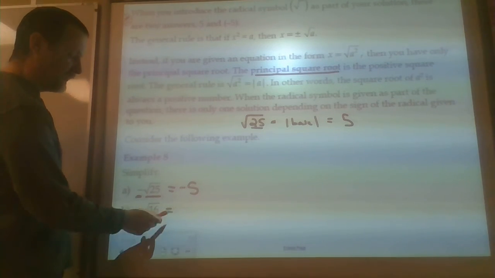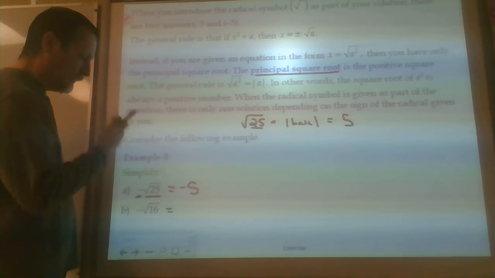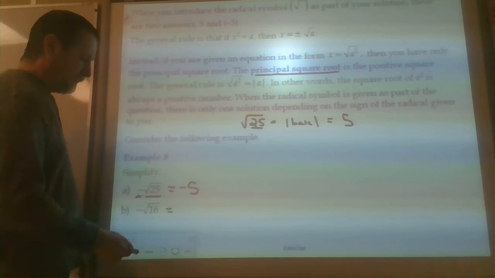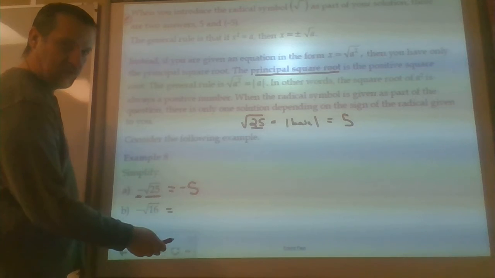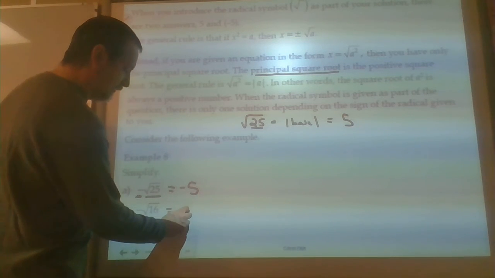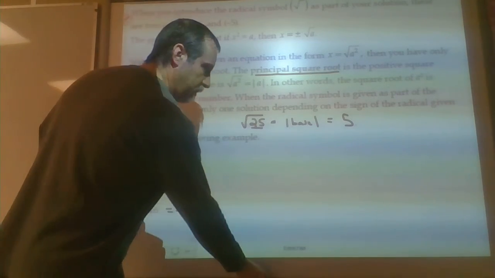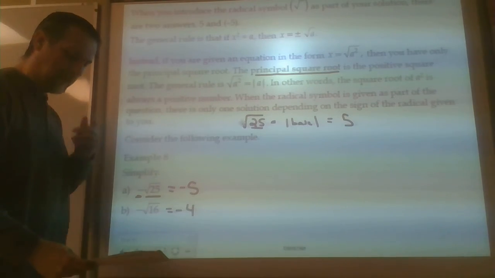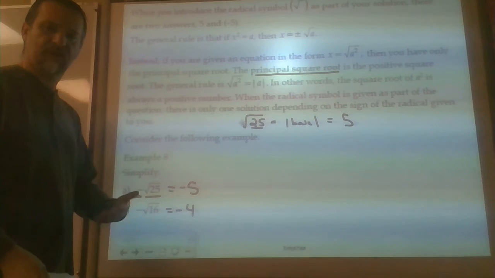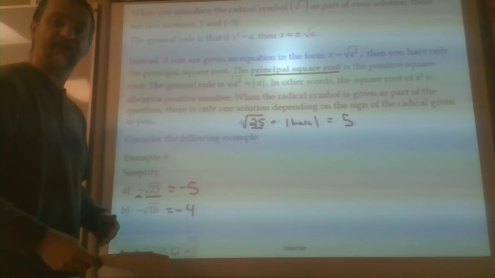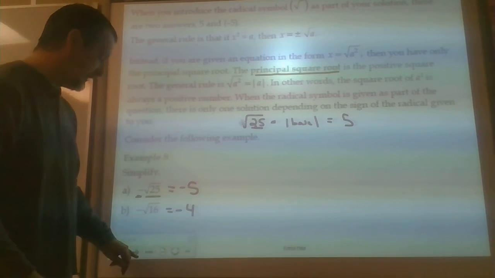It could be plus or minus 16, or plus or minus 4, but because they gave us the square root, we have to assume the 4, and we can say minus 4. That takes a little getting used to, but as you use them more, it starts to make more sense.